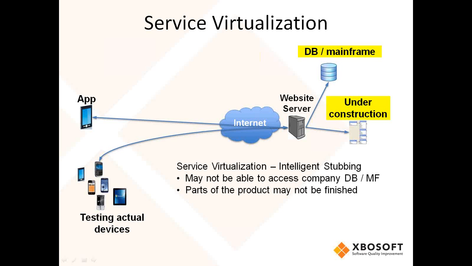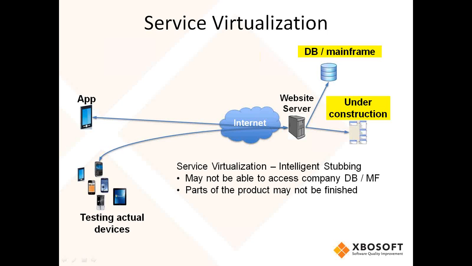The next thing you want to look at is, you're testing a lot of different devices, and that's good, but that doesn't get you as far as you need to go. Many times you have a mainframe or a database that your website server accesses, and if your company is using it on a daily basis, of course, they're not going to let you stress test against it, or against your mainframe or database.